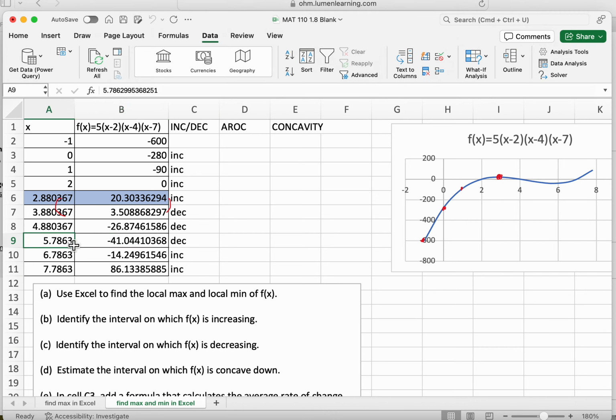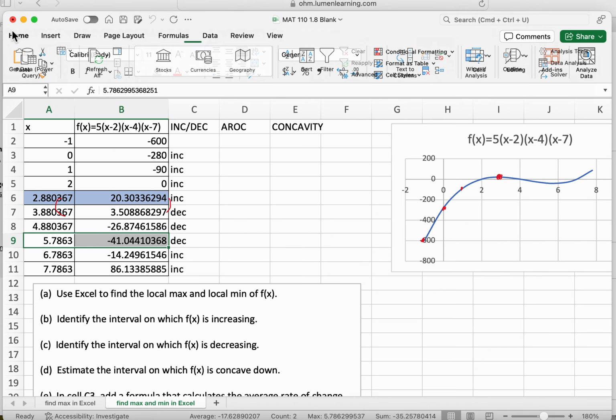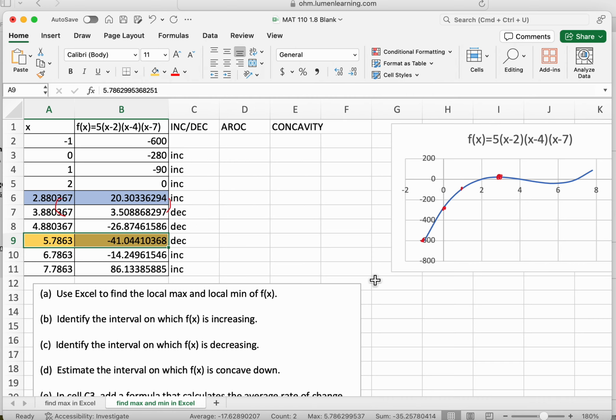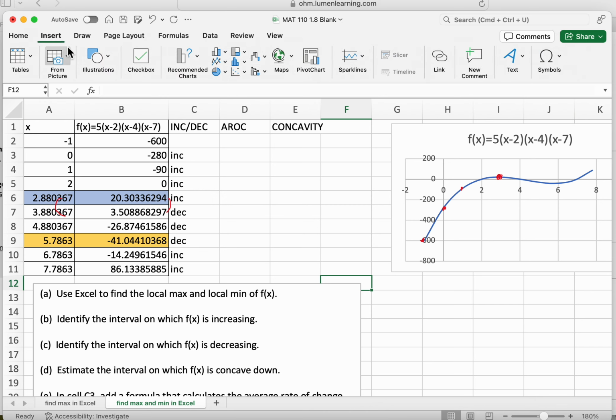So now here, I have found my actual minimum. So when x equals 5.7863, my f of x or my y value is equal to negative 41. That's how I get the exact value.